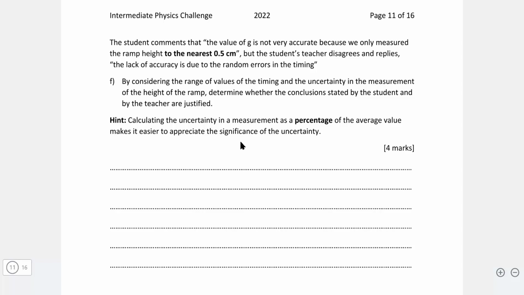Okay, so we're given a load of different hints in the question. It'll be really useful to do exactly as they say.